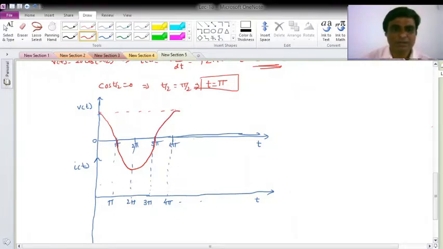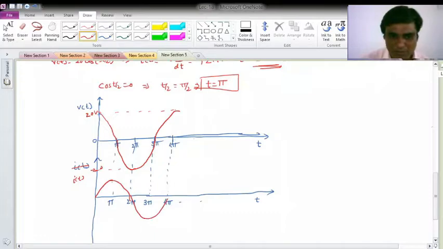Okay, and this is 20 volt and this is minus 20. What about for current? So here it will be like this, then this, then it will decrease this way and it will go to 0 and then again continue. Okay, this for one time period we have drawn.